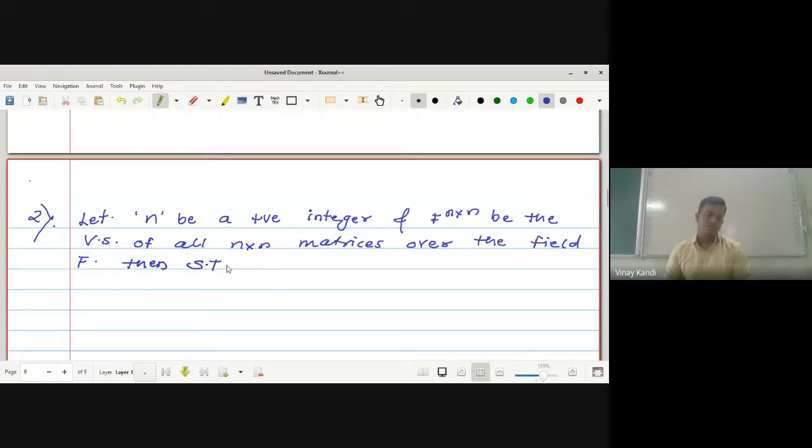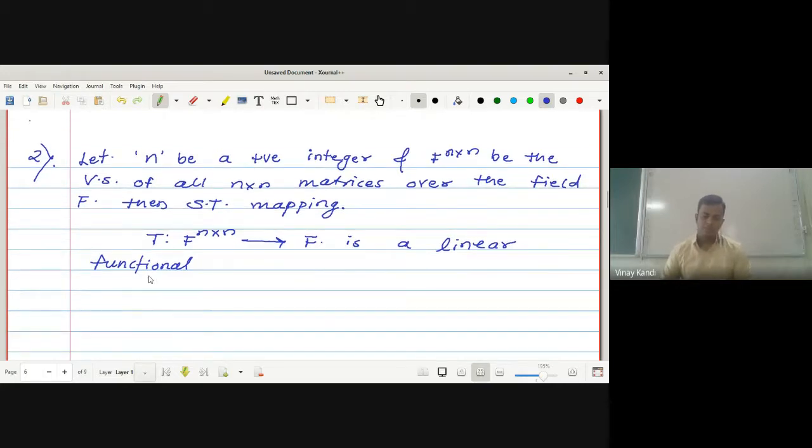Then show that the mapping T from F^(n cross n) to F is a linear functional, such that trace of A is defined by, what is trace of A?